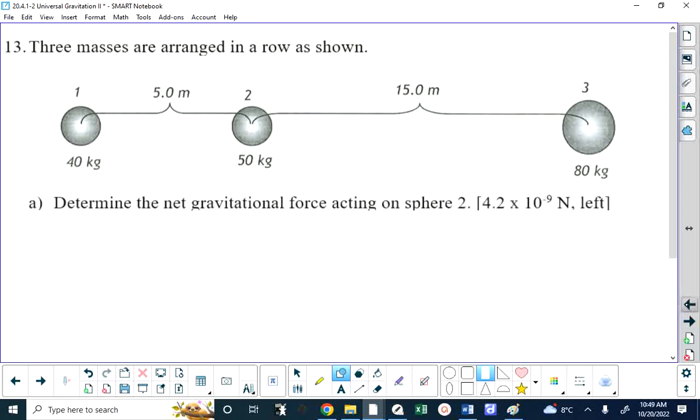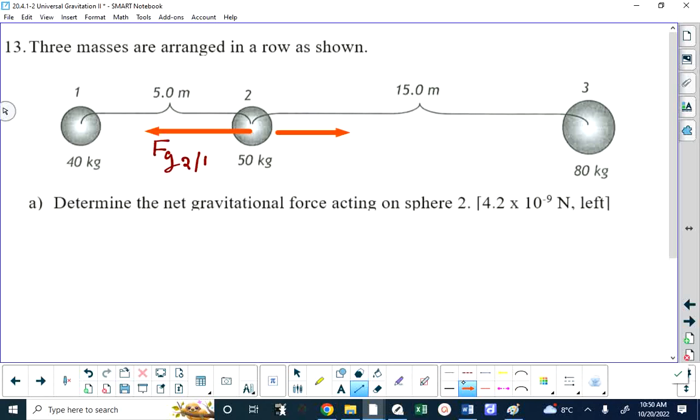If you were to take a look at 13a, if I want to determine the net gravitational force acting on sphere 2, then I have to say to myself that sphere 2 experiences a gravitational force due to sphere 1. And I could certainly calculate that using G m1 m2 over r squared. I would also say that sphere 2 experiences a gravitational force of attraction towards sphere 3.